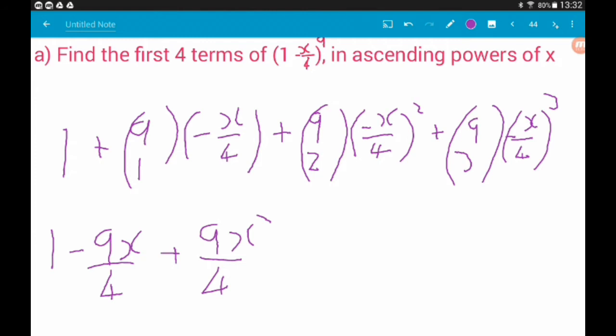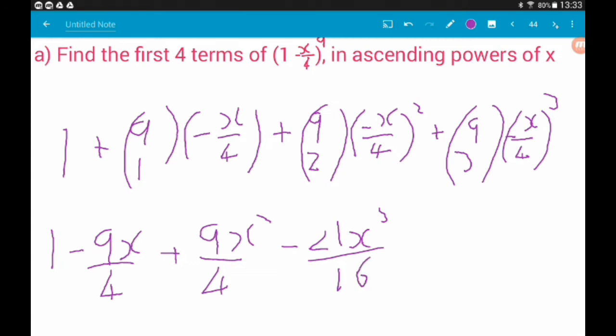And then our final term, 9 choose 3 is 84, minus x over 4 cubed is minus x cubed over 64, so there's a common factor of 4 between 84 and 64, so if we divide that away, 84 divided by 4 is 21, so minus 21x cubed over 64 divided by 4, which is 16.